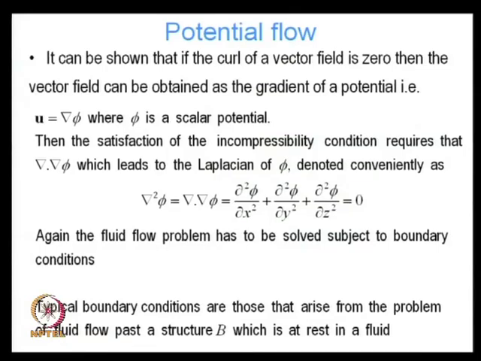I am saying that since u is irrotational, u can always be obtained as the gradient of a potential. So what does that mean? Divergence of u means divergence of the gradient of a potential, and I am denoting the potential as phi.